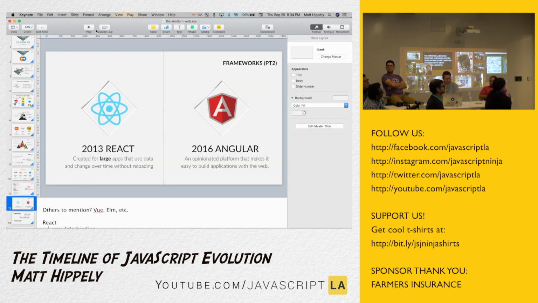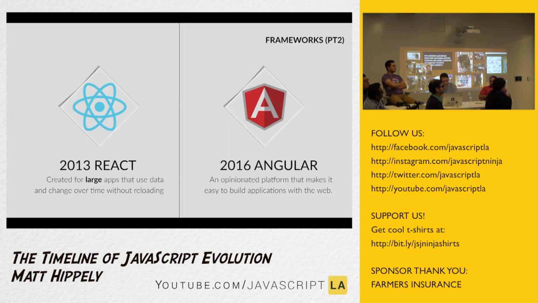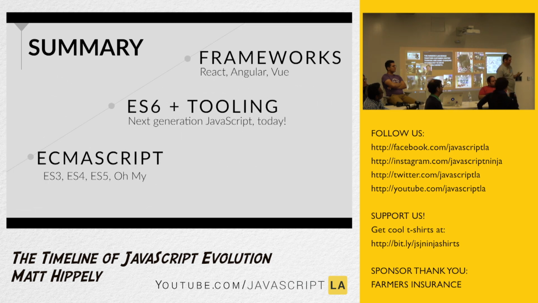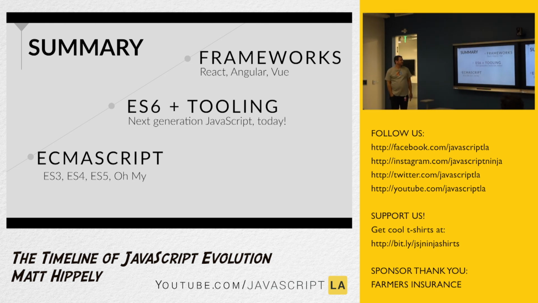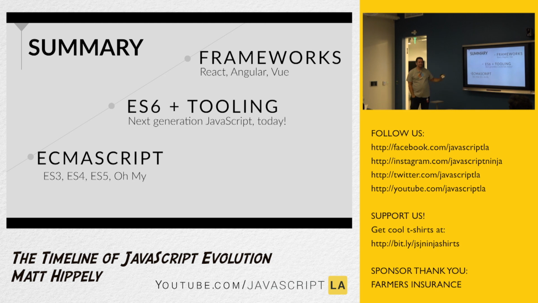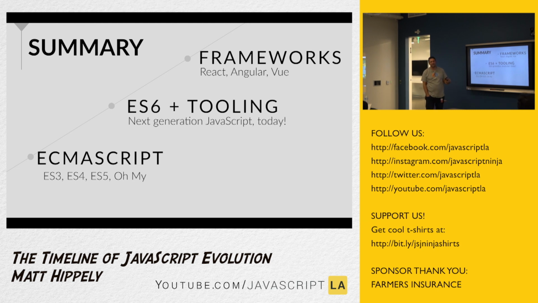So that's all I have for the demo. So that's it. I think we kind of went through these 3 stages. We looked at where ECMAScript sort of pushed the evolution of JavaScript, ES3, ES4, ES5.